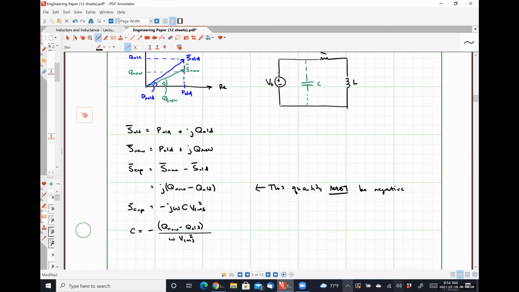Let me think about it for just a second. The reason why that tangent-based relationship is useful is because it winds up just using theta new and theta old instead of Q new and Q old.